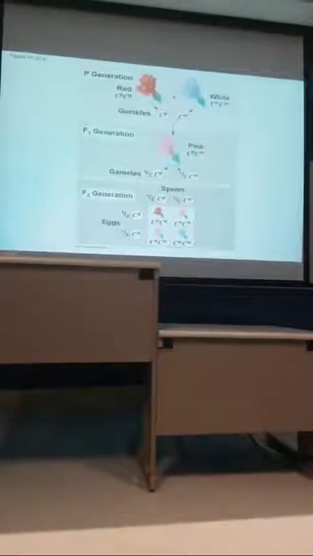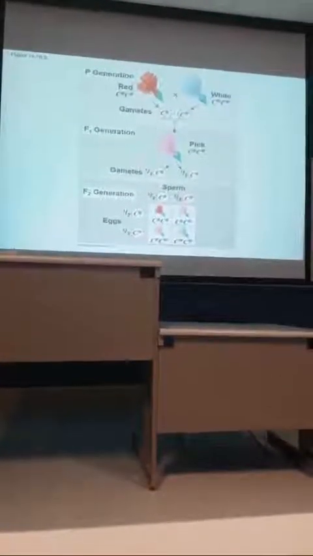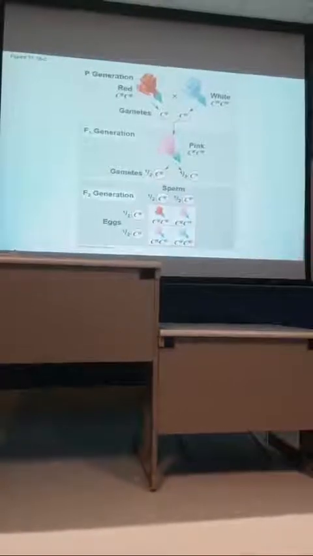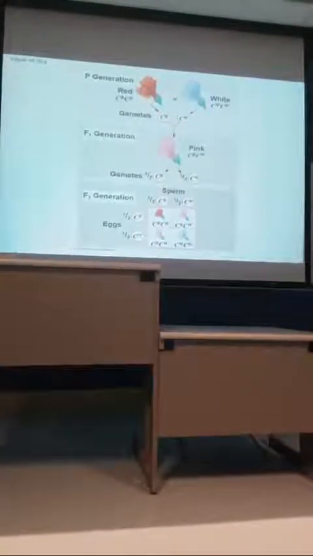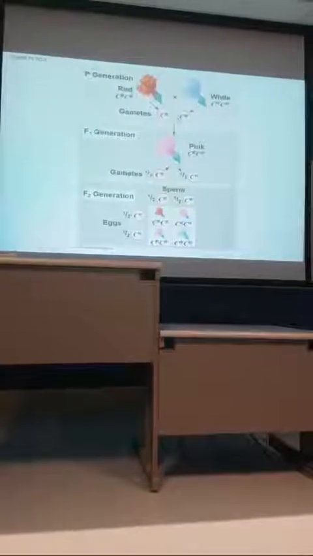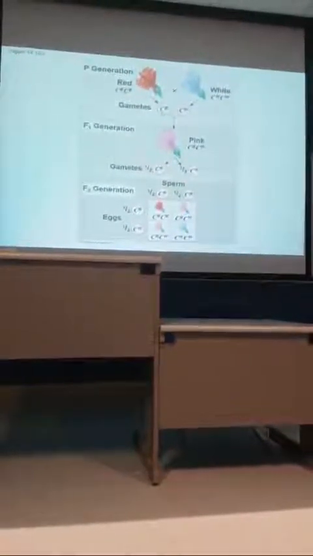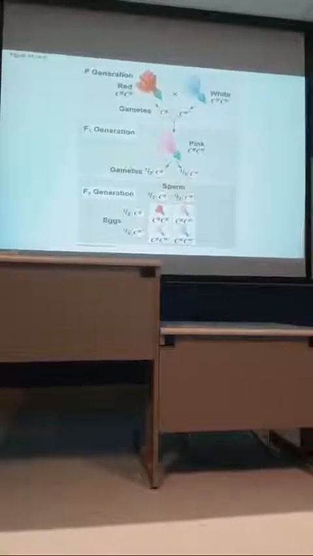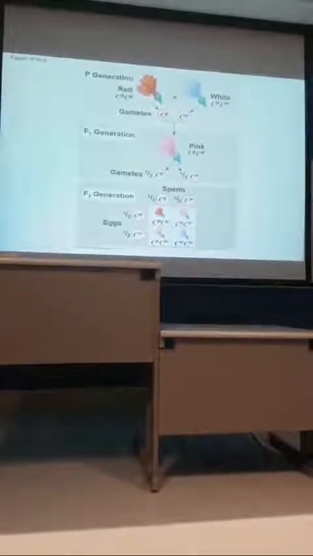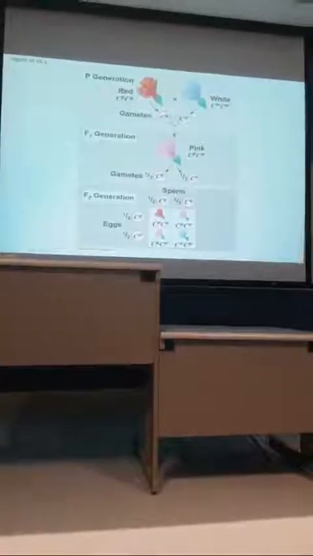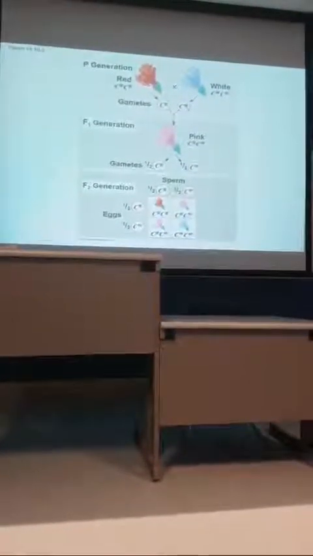Now, here is another way that you are also going to see some things written. Instead of just using R's and W's, there will be one letter that represents a particular gene characteristic. That large C right there is there just to represent color. Then they use a superscript to denote which color, red and white.